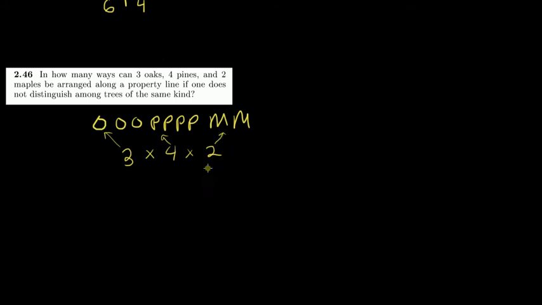That's what the fundamental counting theorem would do. If we chose 1 oak, 1 pine, 1 maple, that's not what's happening here, right? Instead, we're actually rearranging all of these guys. We're rearranging these to see how many ways we can reorder them. So we're not choosing one of each type. Okay, so we're not choosing, we're rearranging them.